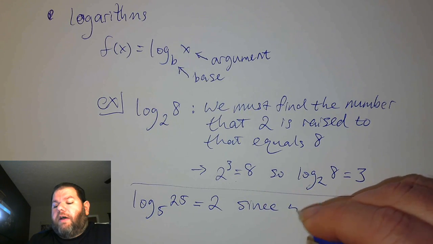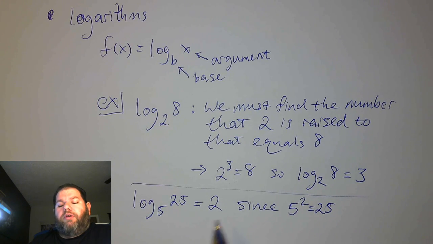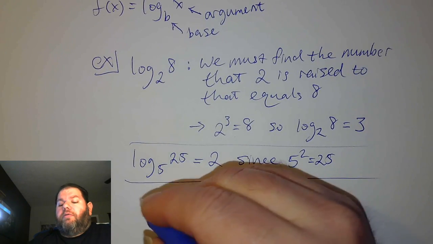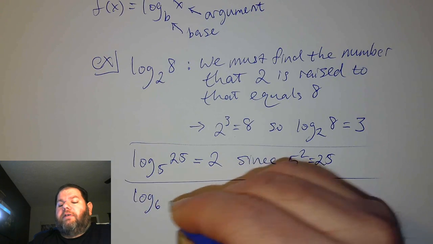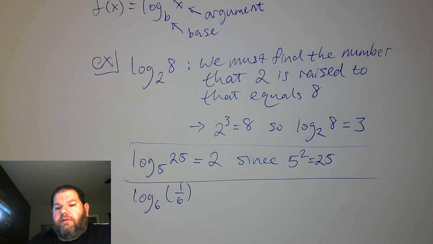Since 5 squared is equal to 25, it means log base 5 of 25 is equal to 2. What if we said log base 6 of 1 over 6? -1, good.